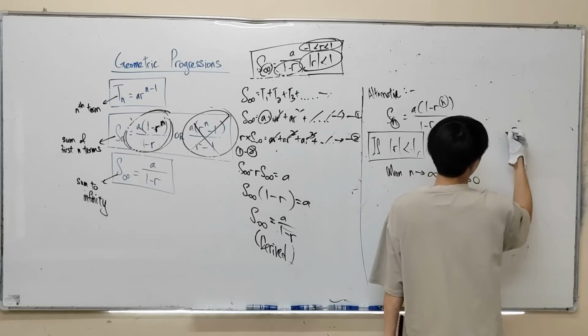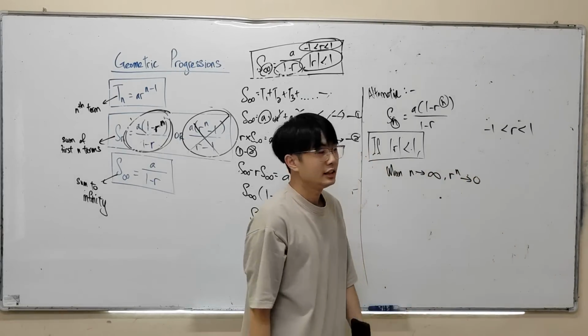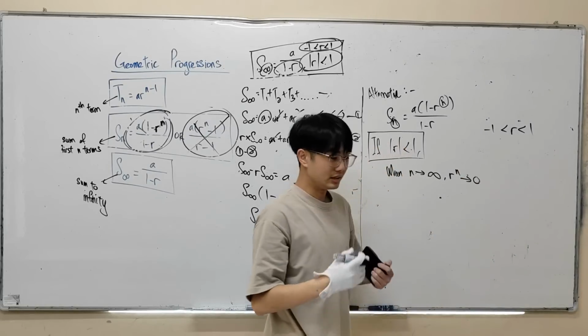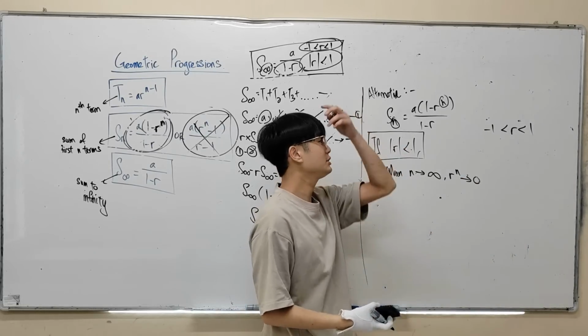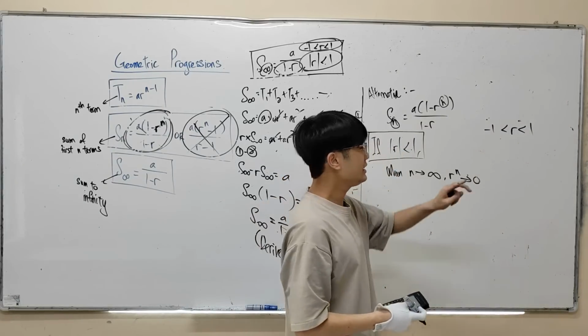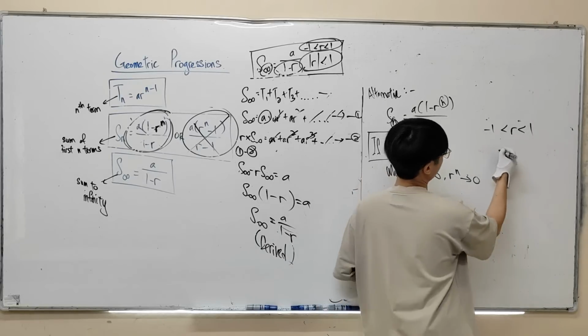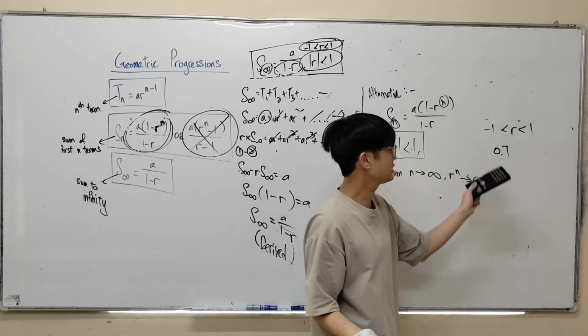So what does it mean by R in between negative 1 and 1? It means your R value is 0 point something. So let's think of any number that is within this range, let's say 0.7. This number is perfect.